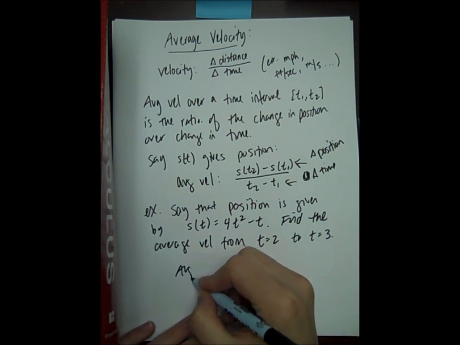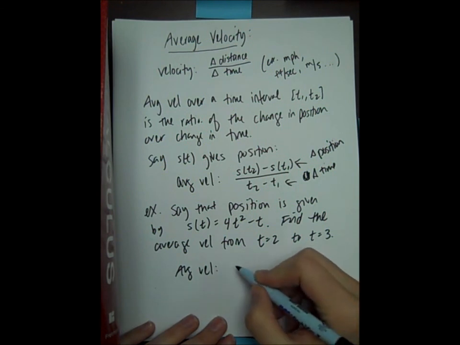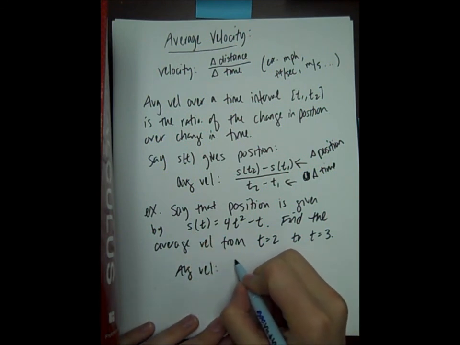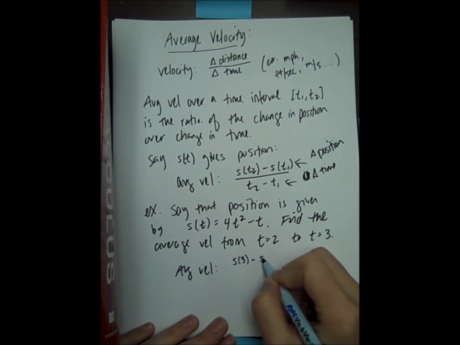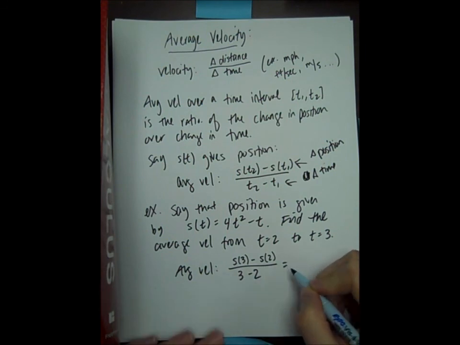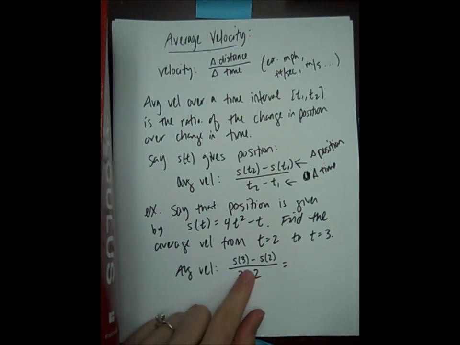The average velocity is going to be the change in the position divided by the change in time. So what's my change in position? That'll be S of 3 minus S of 2 divided by 3 minus 2. Let's see what happens when I plug in 3.